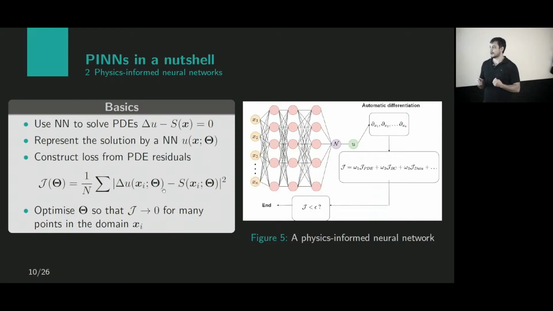And if you manage to do this for a very big number of points in your domain, could be random points, you don't need to actually have them on a grid, then you can hope that the network has learned the actual solution of your problem and not just connecting points, inputs and outputs. This is the idea. So in principle, the idea is to just construct the loss function using your differential equation.